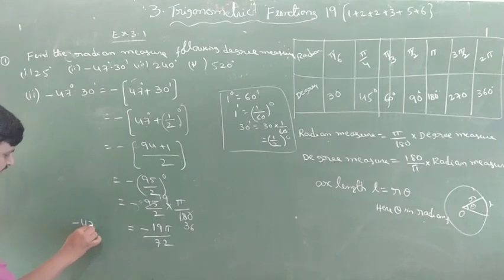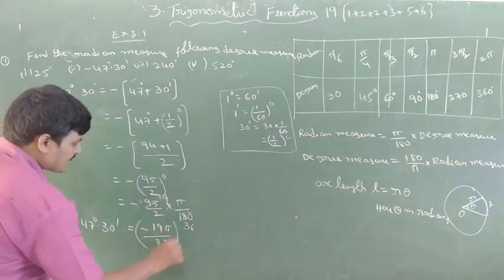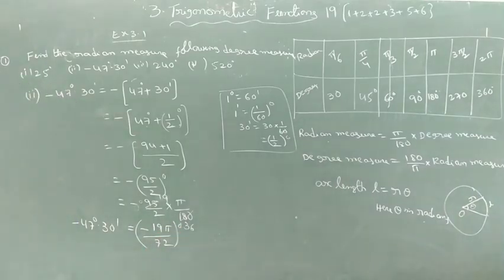Minus 47 degrees 30 minutes is equal to minus 19 pi by 72 radians.